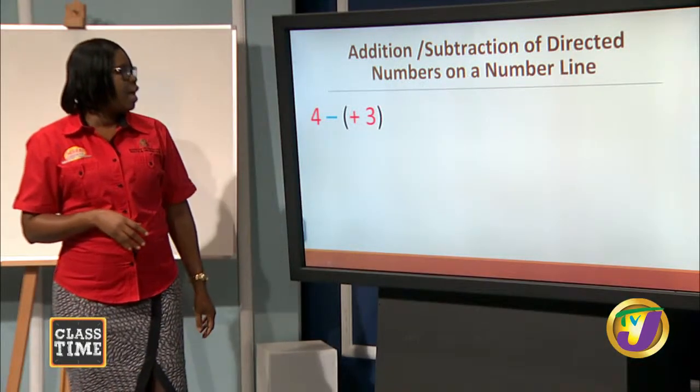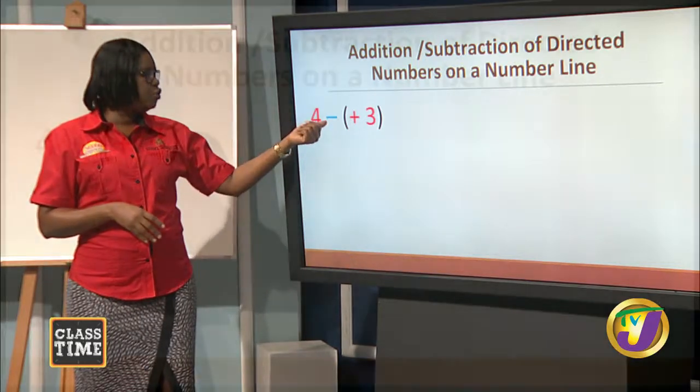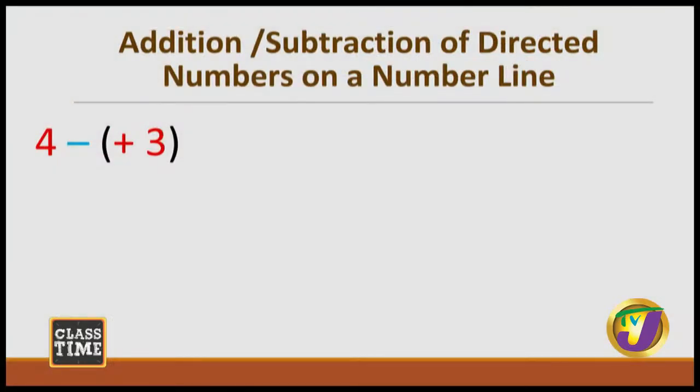Now, here's another example. So we have 3 being subtracted from 4. Positive 3 being subtracted from 4. Remember, when you subtract a positive, you decrease in value. So you're taking money out, so your monetary value is decreasing.